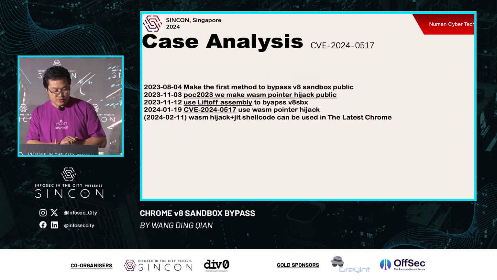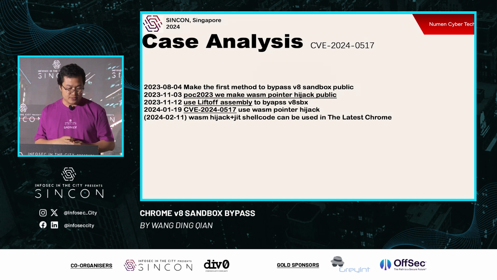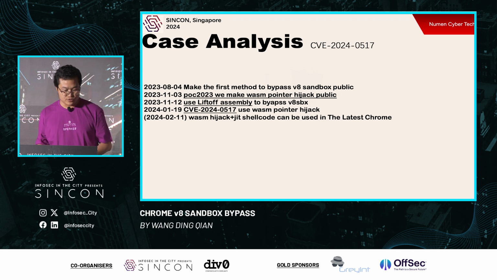I'm going to show you the timeline. In 2023, we made the first method to bypass the sandbox public, and at POC we made the WASM pointer hijack public. Then I think maybe some people are aware that there was a CTF held by Google, and some people used lift-off assembly to bypass the sandbox.